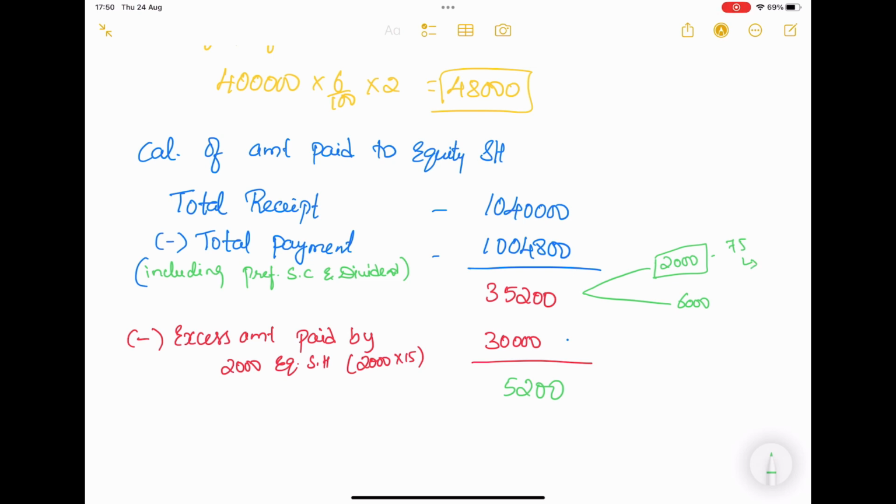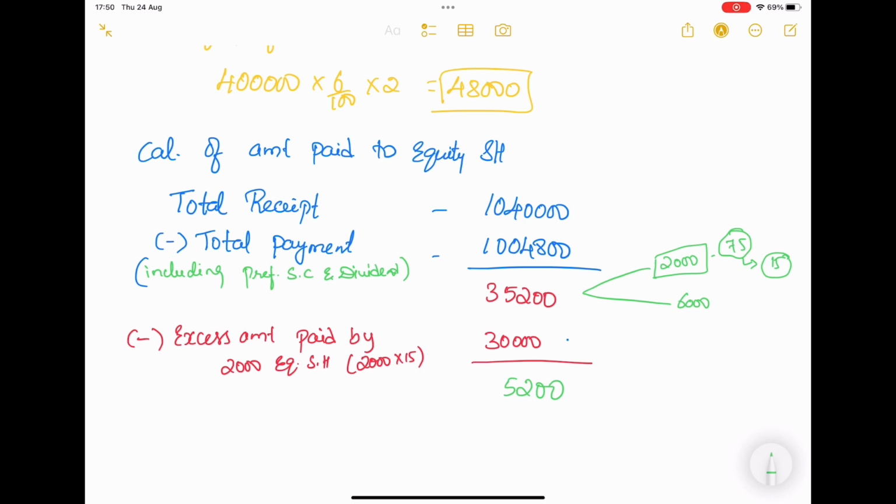I am paying only 15. See, understand the concept here. The equity shareholders invested 75 rupees in our company, but at the time of winding up, as a company I am paying them only 15 rupees, because only that much I can pay. If you give more to these 6,000 equity shareholders, they would get an even lesser amount.